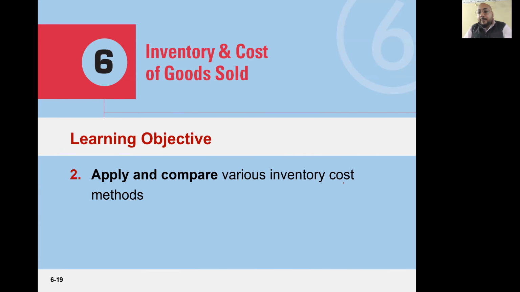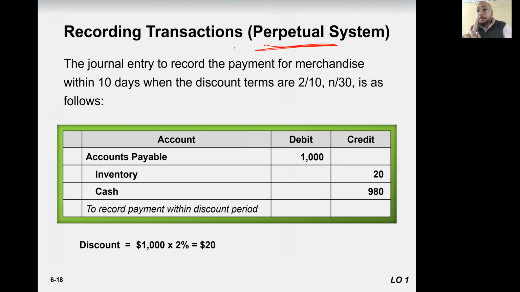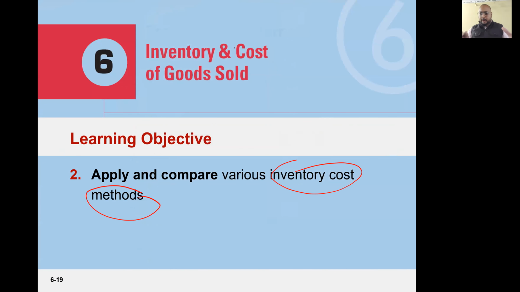Now applying and comparing various inventory cost methods. So this is the costing method, not the inventory management system. For the inventory management system, we are following the perpetual inventory system. So many students are confused, sir, what is periodic and perpetual, and then inventory costing method, what is FIFO, LIFO, whether it is a separate system or not.